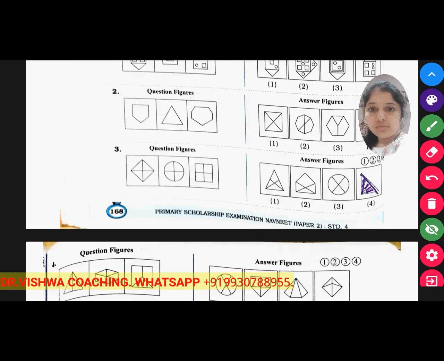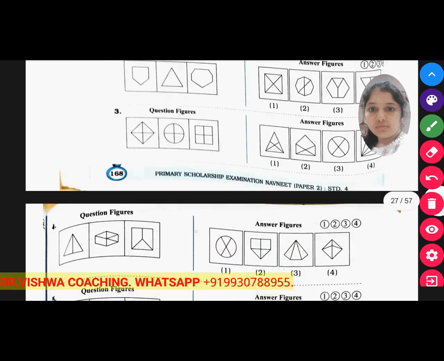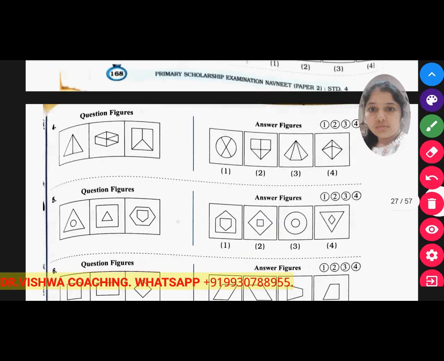All these are parts which are divided equally. So option number 4 is the correct option here, because they have 4 equal parts.